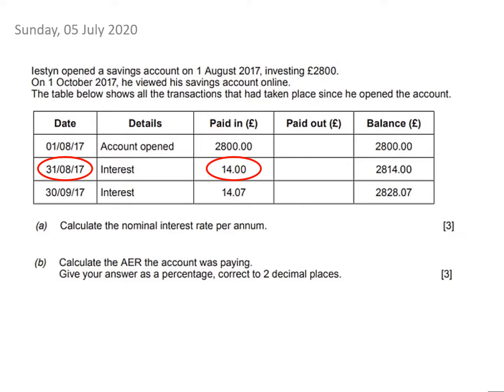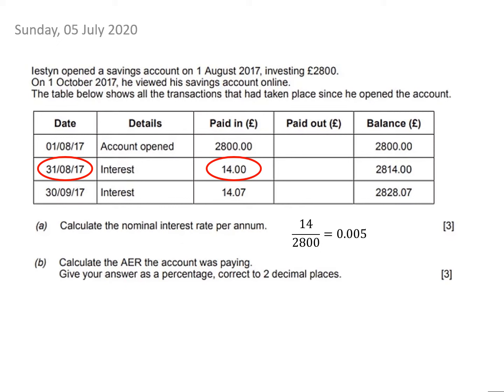So to work out what that is, we divide 2,800 into 14. And that gives us 0.005.